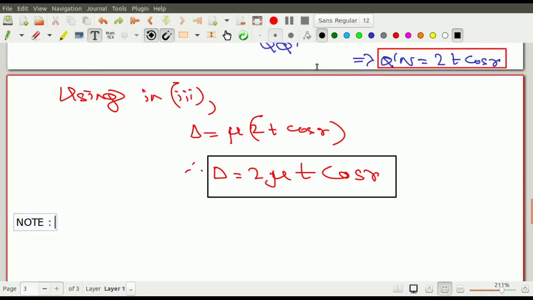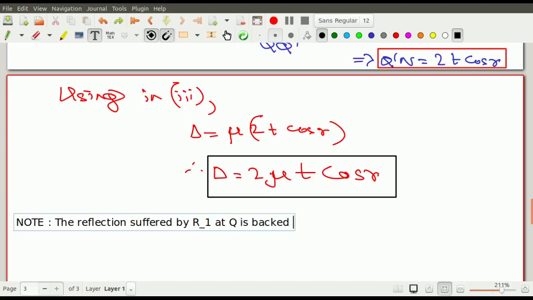The reflection suffered by R1 at Q is backed, backed মানে পেছনে কে আছে, is backed by denser medium.